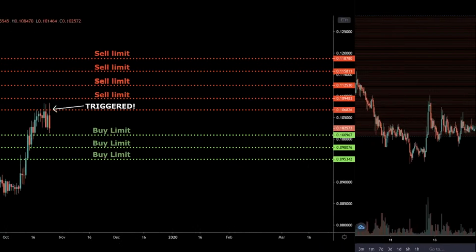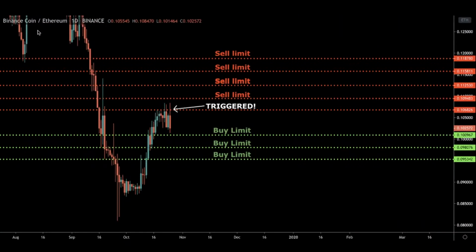So each time it sells the base currency, it will use a part of the proceeds from this sale to place a new buy limit order to buy the base currency at a lower price and then again sell it higher. That's the way it passively generates profits for you.